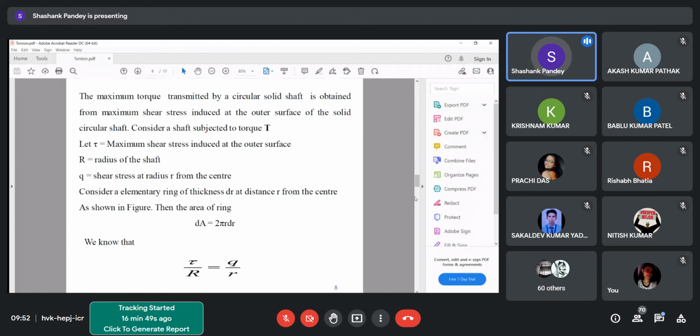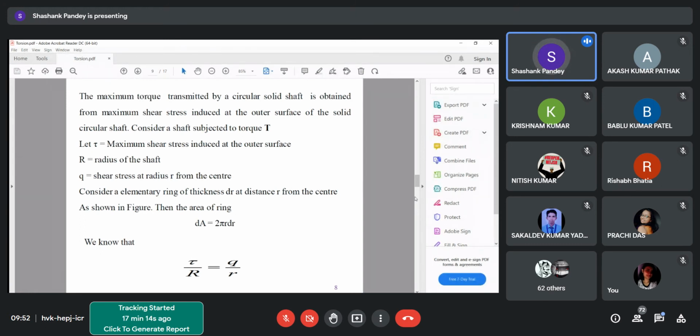We have assumed any distance r from the center of the circular shaft, and the shear stress is small q. So let us consider an elementary ring having area 2 pi r into dr.